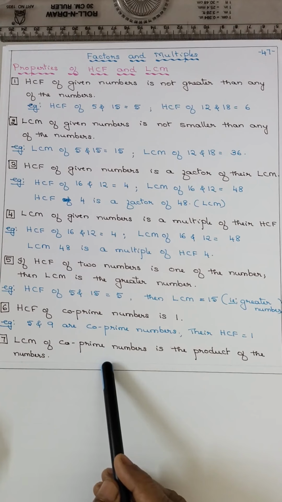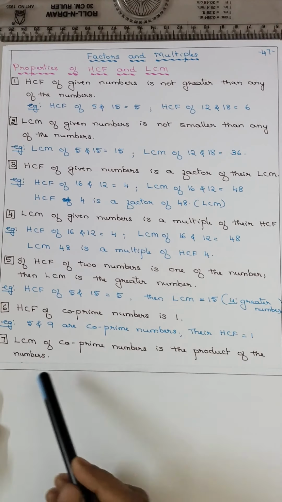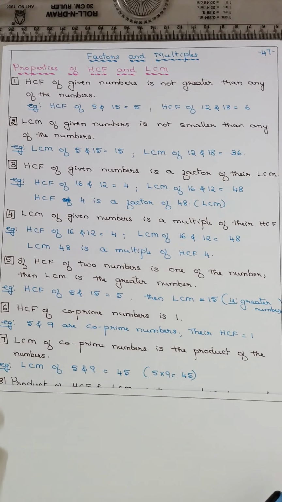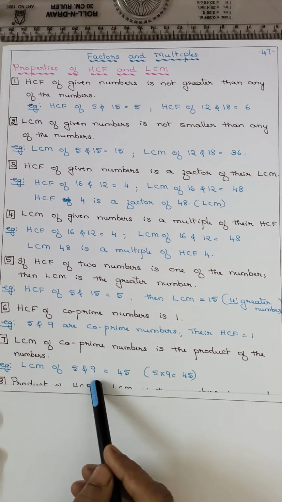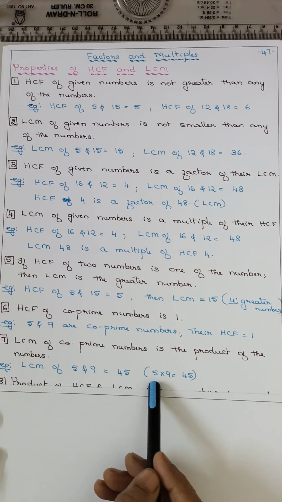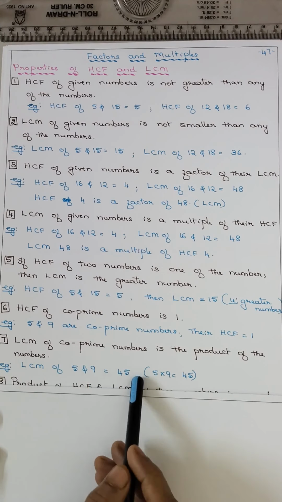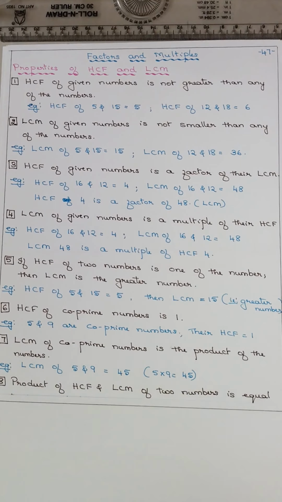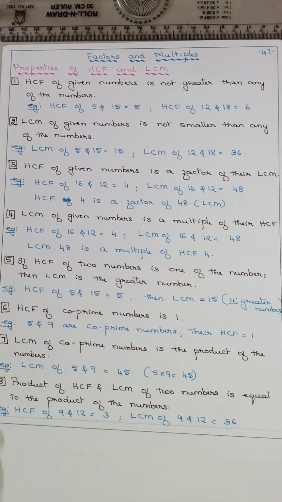LCM of co-prime numbers is always the product of the numbers. So to find the LCM of any two co-primes, just multiply the two numbers. 5 and 9: 5 9s are 45. No need of doing the LCM methods and all. Directly multiply, you will get the LCM.